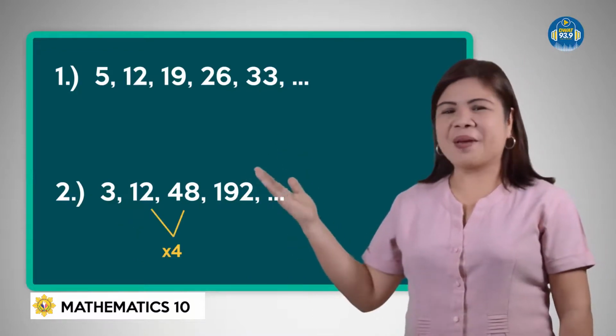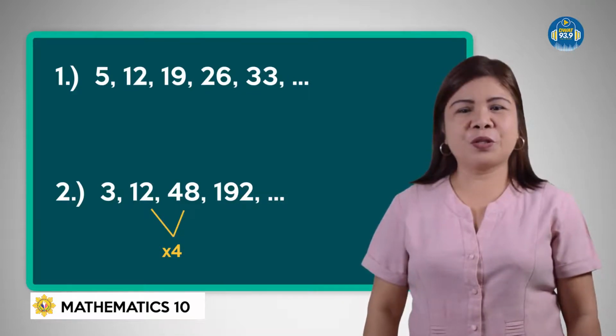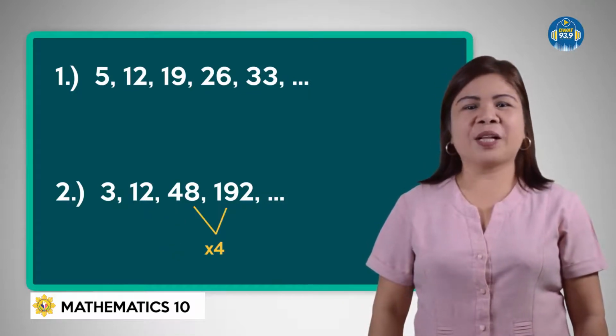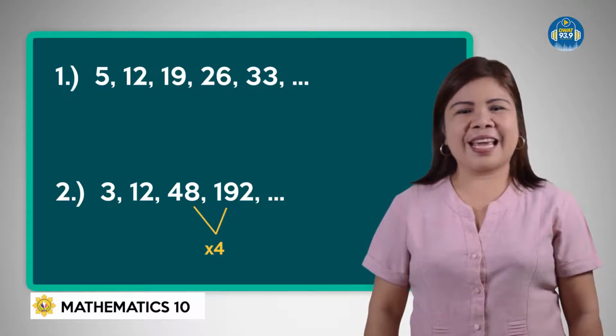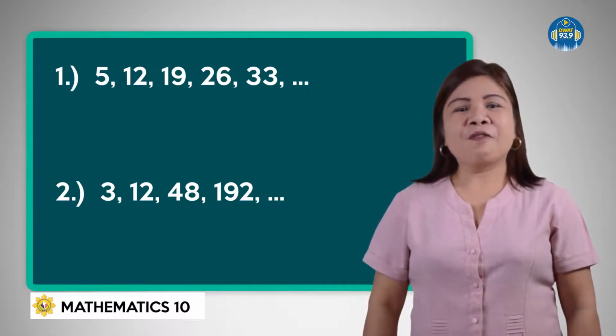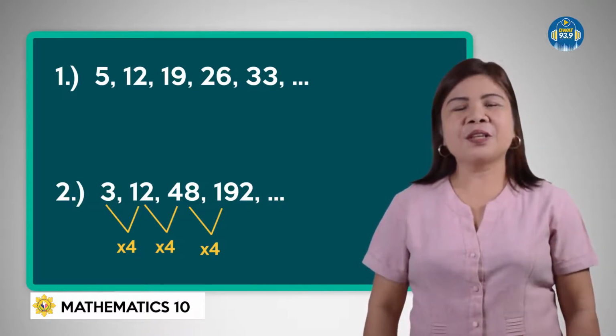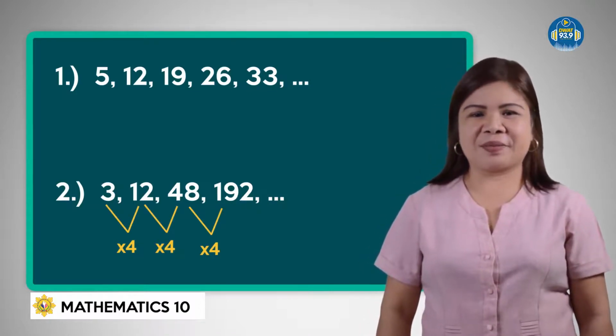The third term, a sub 3, is obtained by multiplying 4 to a sub 2, and a sub 3 is multiplied by 4 to get a sub 4. So, the pattern is 4 is being multiplied to the preceding terms to obtain the next terms.